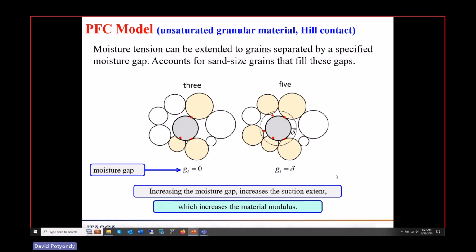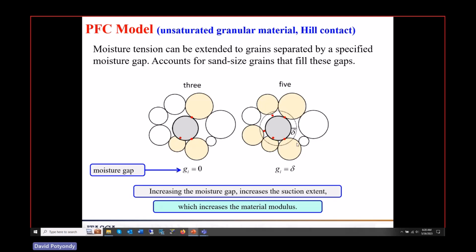Now, one additional thing we did to incorporate this effect of moisture is we expanded the interaction distance by which particles will interact. So what does that mean? Here's a system. Look at this particle. Notice they're in contact with three. So there's going to be three contacts. Remember, each of our contacts has a suction acting.